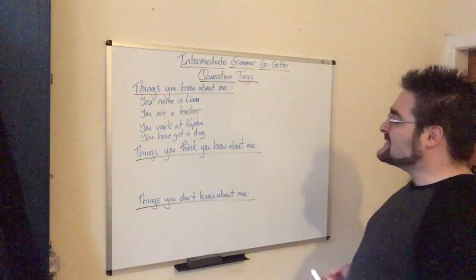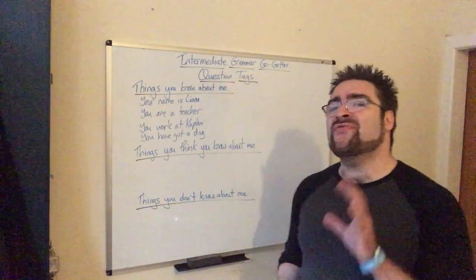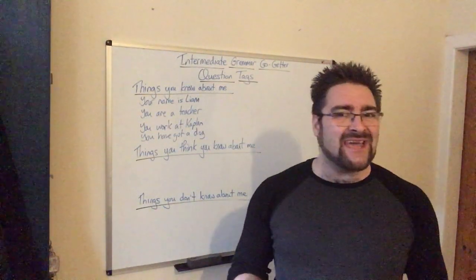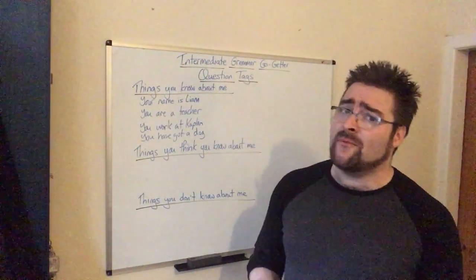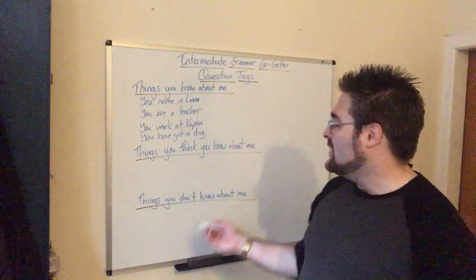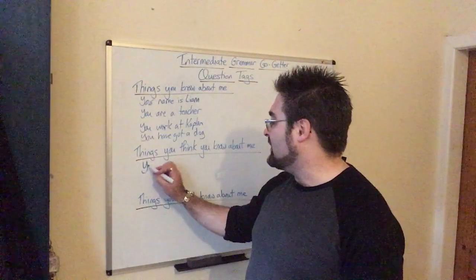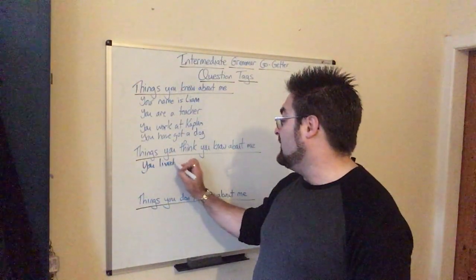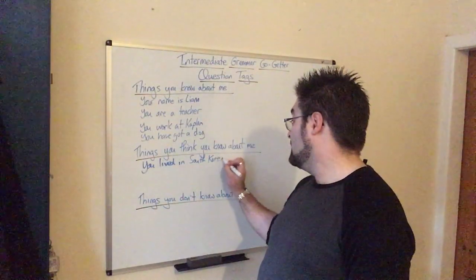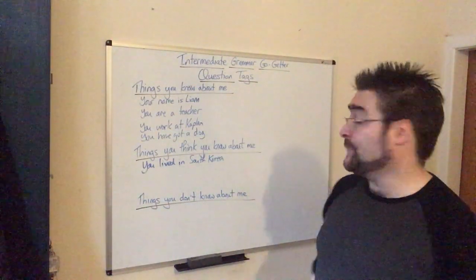Okay. And then tell them to come up with things they think they know. So things that maybe I told them but they can't remember, maybe they heard it from somebody around the school, so it could be something like, you lived in South Korea, which is true.